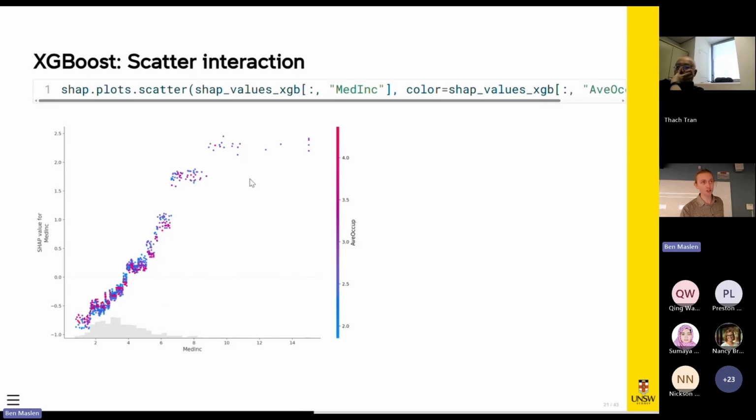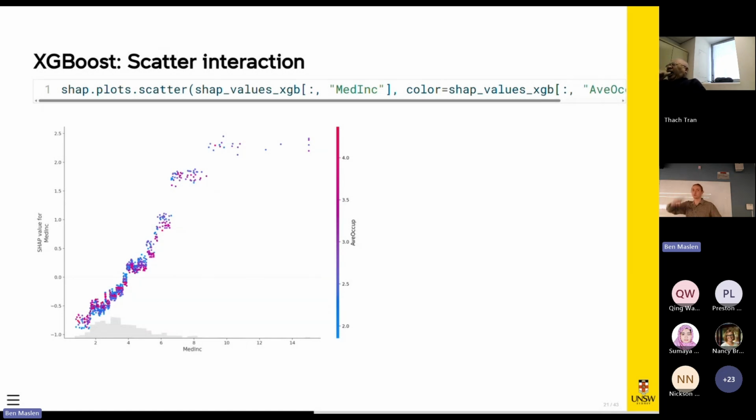However, the reverse is true when we get into more wealthy blocks of houses. If we're in blocks of houses where people are earning more money, we can see the blue points now on the top and the red points are on the bottom. So if you're in places where people are earning more money, the houses seem to be worth more if there's fewer people living in them.